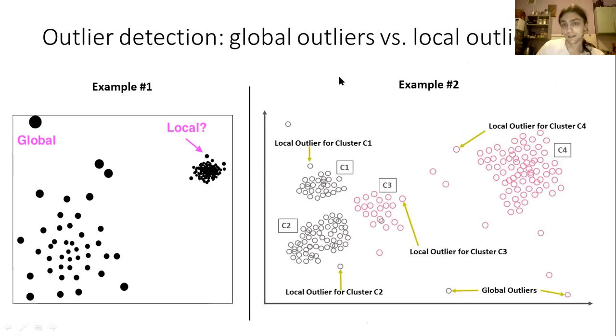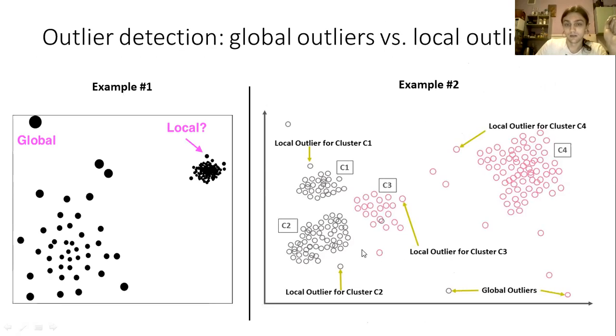Another example: here we have four clusters and some global outliers. These points are really far from all the clusters, and there are some local outliers like this, or this, and these points.